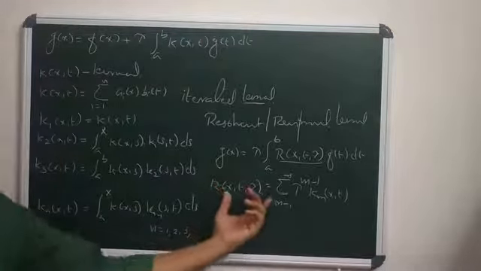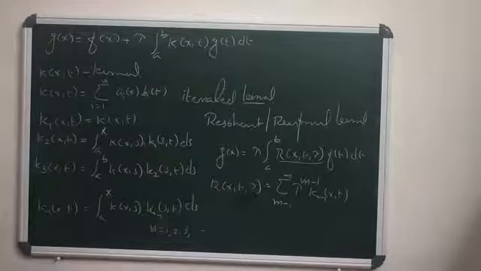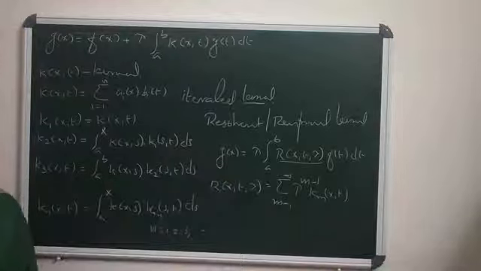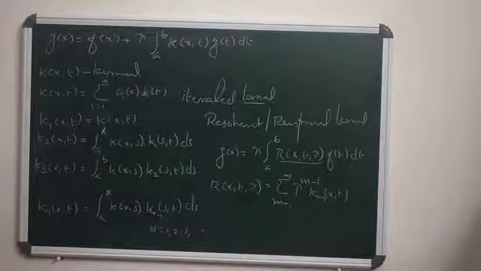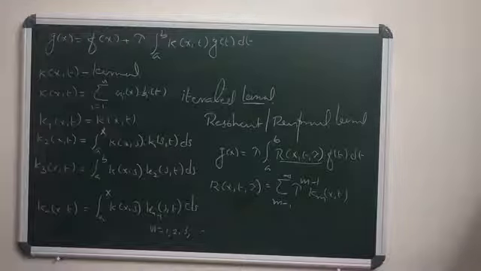So this R(x,t;lambda) is known as the resolvent kernel, or the reciprocal kernel. Now let us try to find the solution of a Volterra or Fredholm integral equation by the process of the iterated kernel, or in terms of the resolvent kernel. That is our next aim.